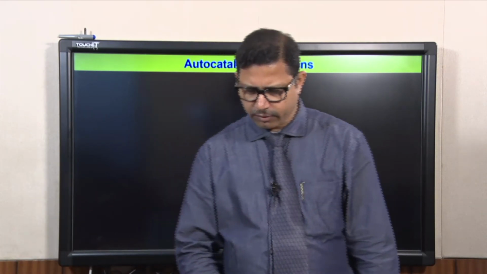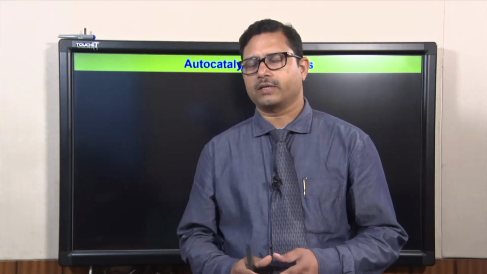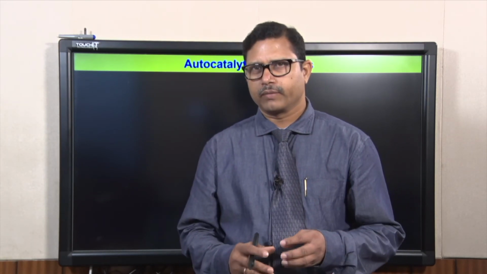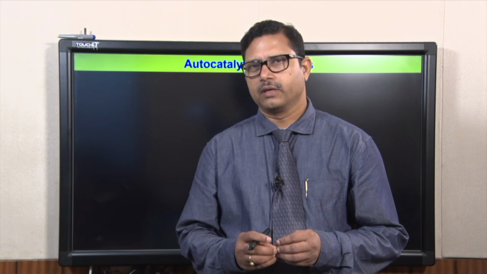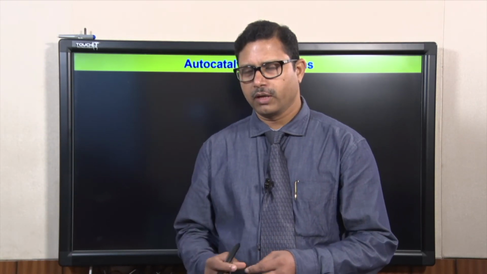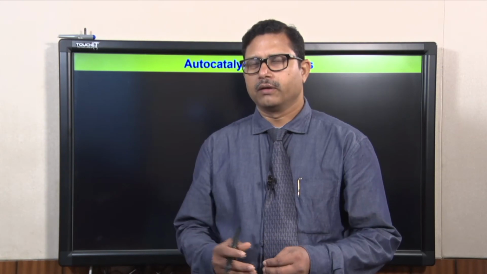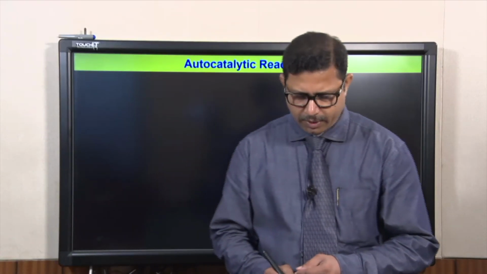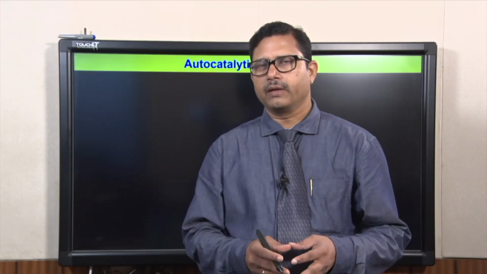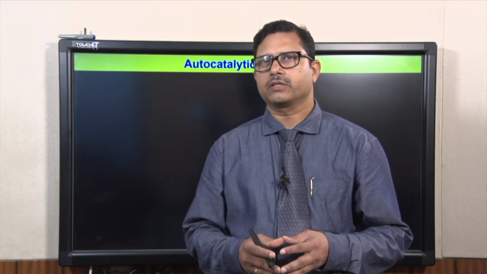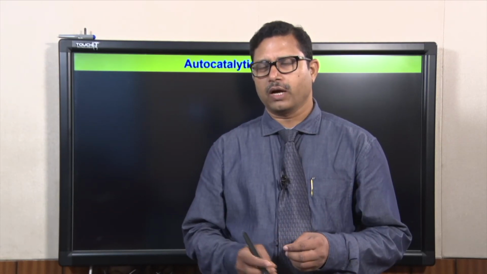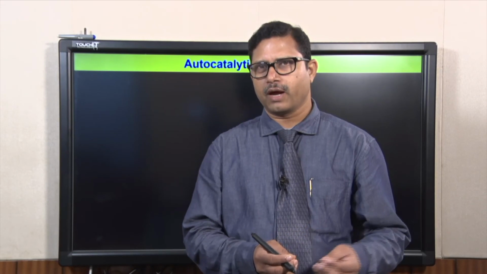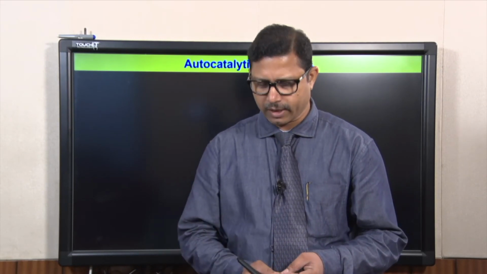But in case of autocatalytic reaction, the reactant reacts with the product which is formed and then the reaction proceeds. So, reactions become faster. In this case, at the beginning we need to have certain product, which can react with the reactant and form the product again.